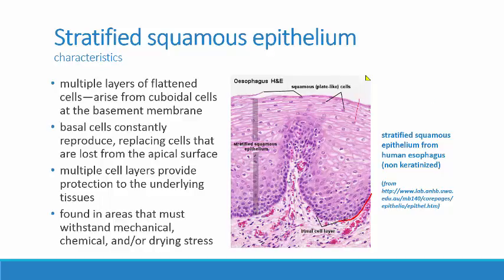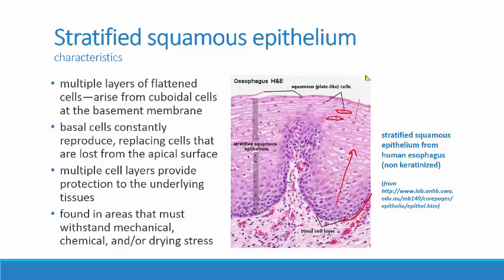Notice at the basal layer, they are actually cuboidal cells, but the further they get away from that basal layer, the more flattened the cells become until they assume this very characteristic flattened squamous shape.